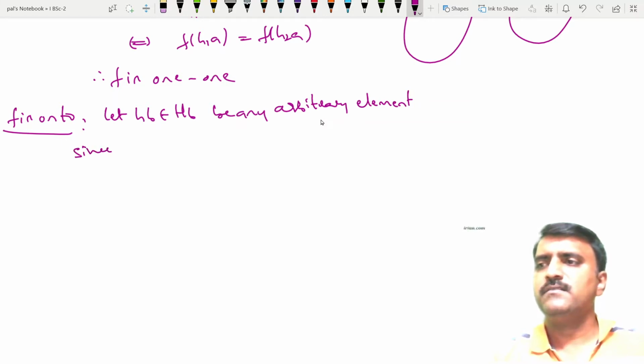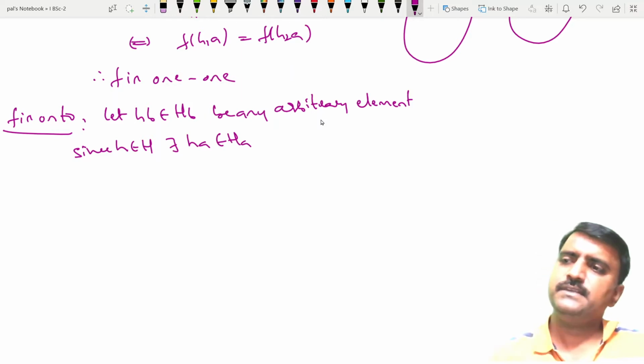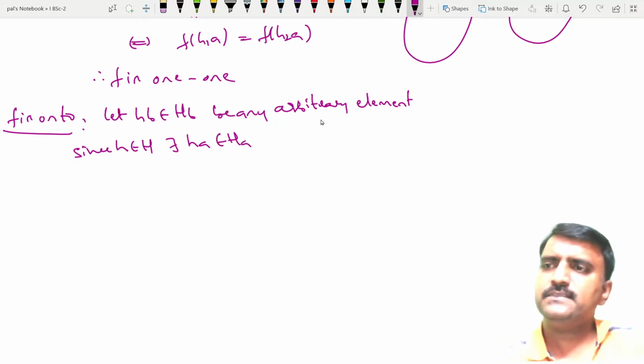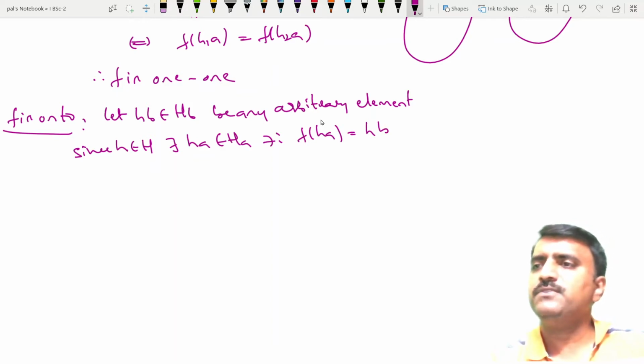Since h is an element of H, as all of you know, there exists ha belonging to Ha such that f of ha is, the image is hb. So we have taken one arbitrary element.